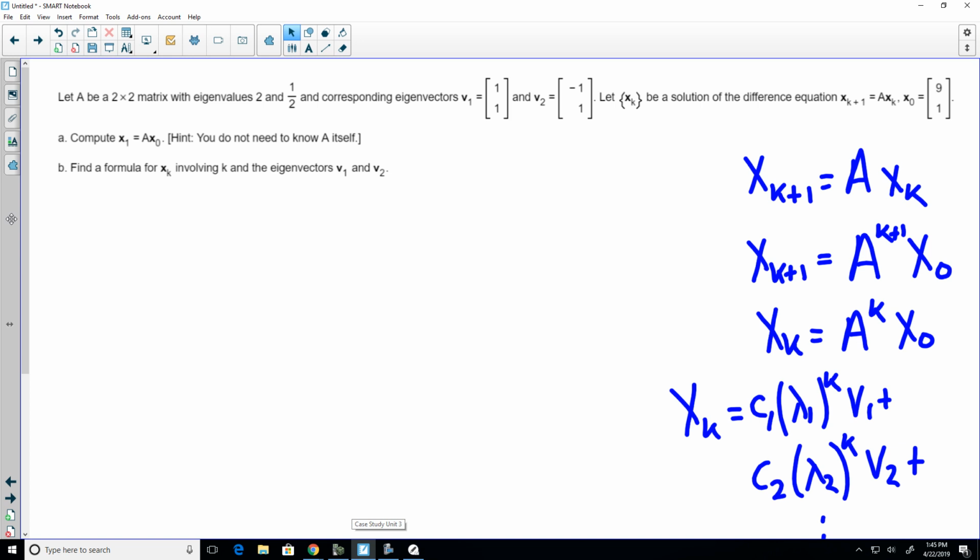So are these two independent? They are. You also know they're independent because they're eigenvectors for the same matrix, for different eigenvalues. I have two R2 vectors that are independent.